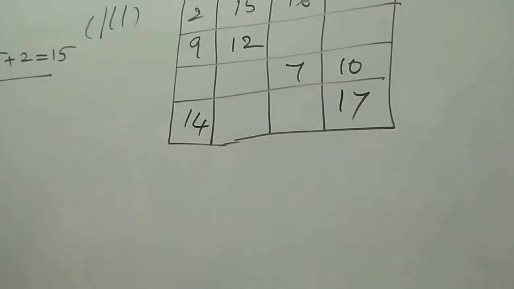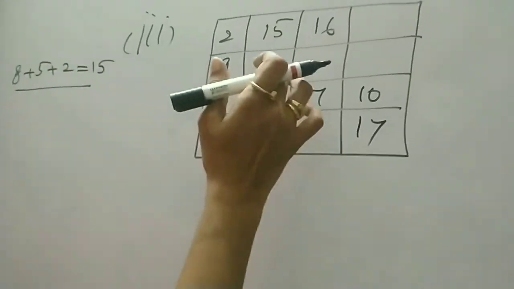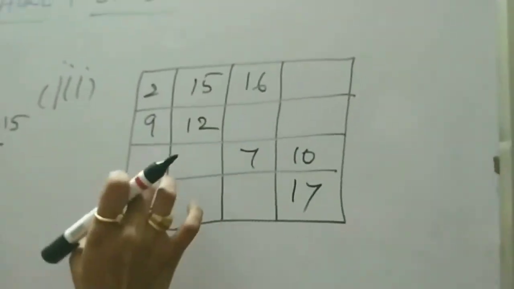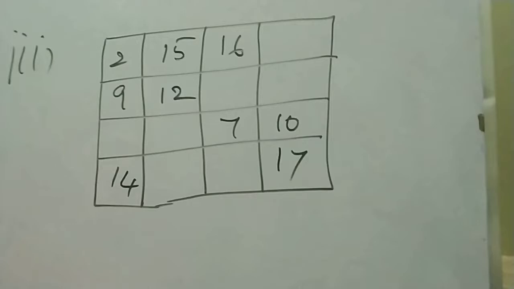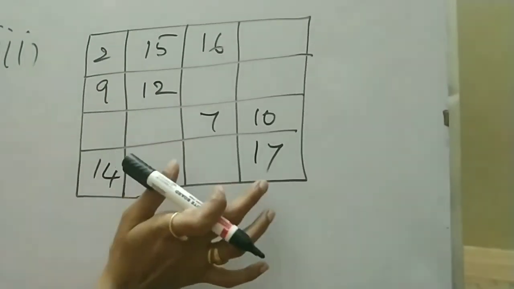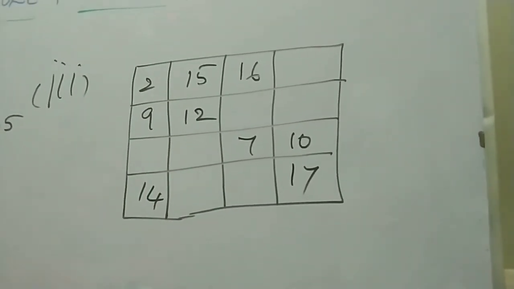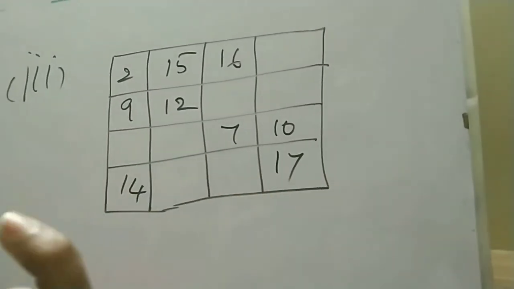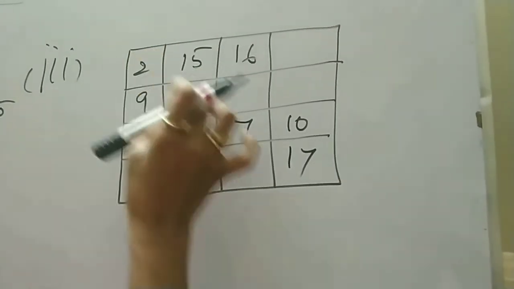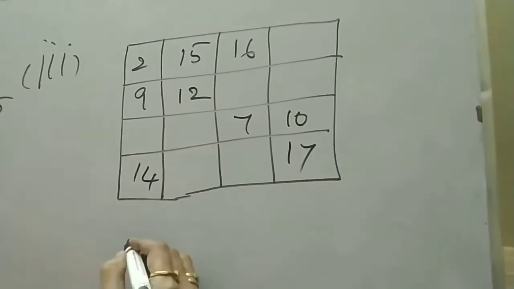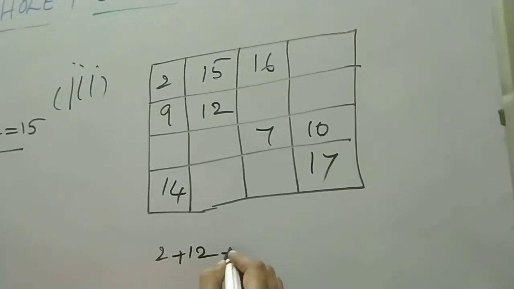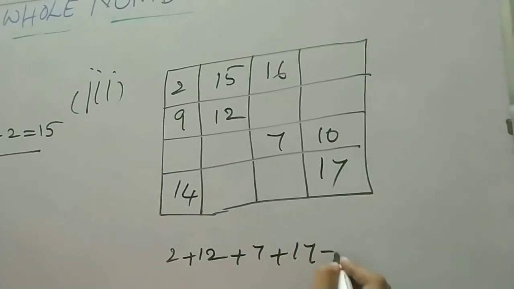Here, see any row, horizontally or vertically, any row filled with all the numbers, that we have to check first. If you observe here also, like in this problem, diagonally all the numbers they have given. First check these numbers. Add these numbers: 2 plus 12 plus 7 plus 17.